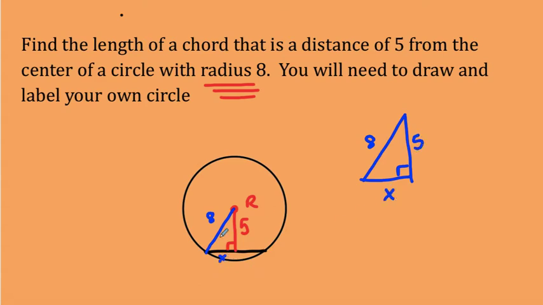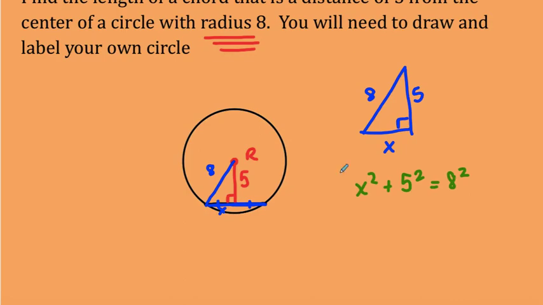Okay? Now, if a radius is perpendicular to that chord, then I know that these two segments are equal, and that will help me find the length of the chord. All right, so I'm going to have to use the Pythagorean theorem here. So x squared plus 5 squared equals 8 squared. And so then x squared plus 25 equals 64.